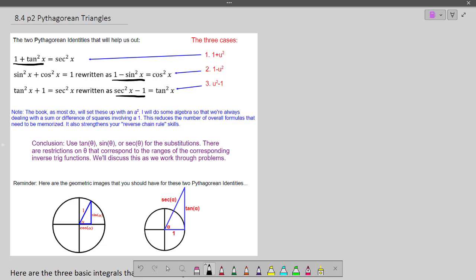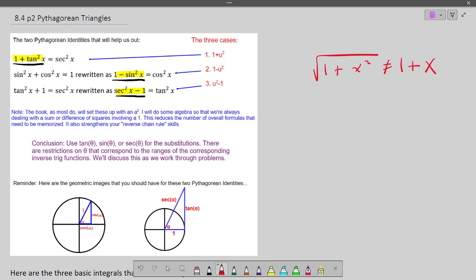So the important thing to notice here is that we are taking a sum or a difference of squares and turning it into a single square. The biggest issue when you look at this right here is that you cannot break this apart, right?